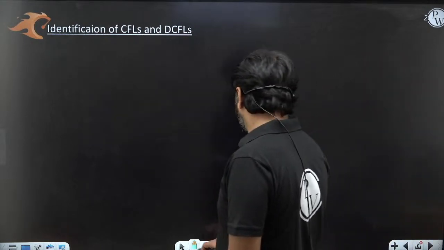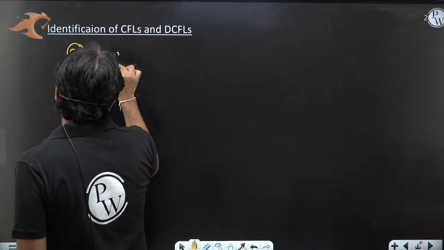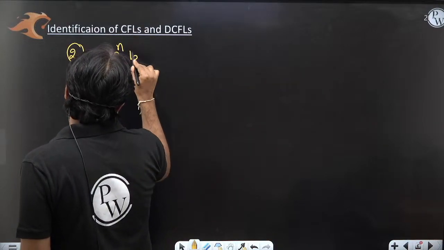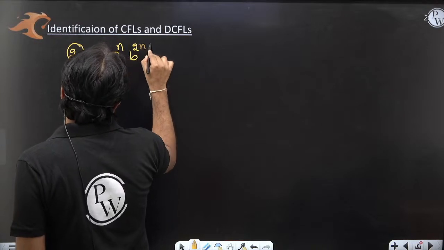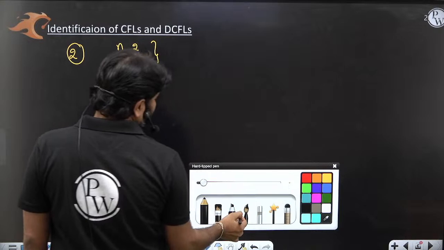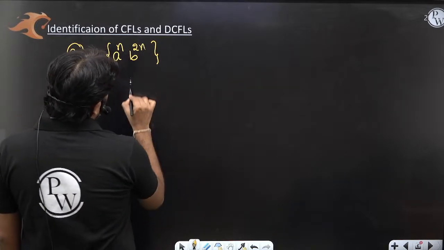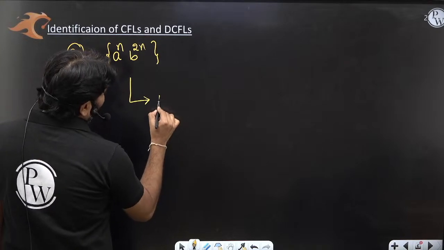The second example. When I take a^n b^2n, you already know about this language, right? It is not regular.